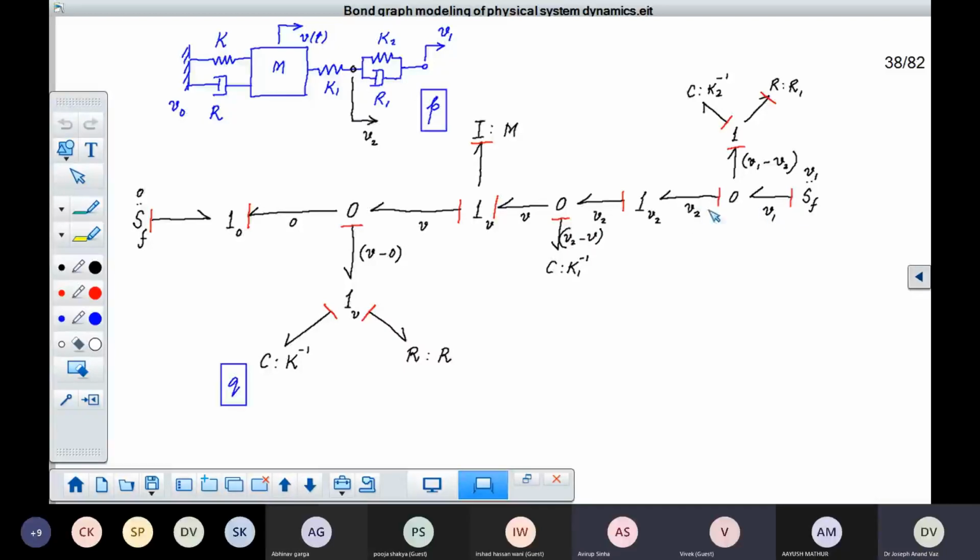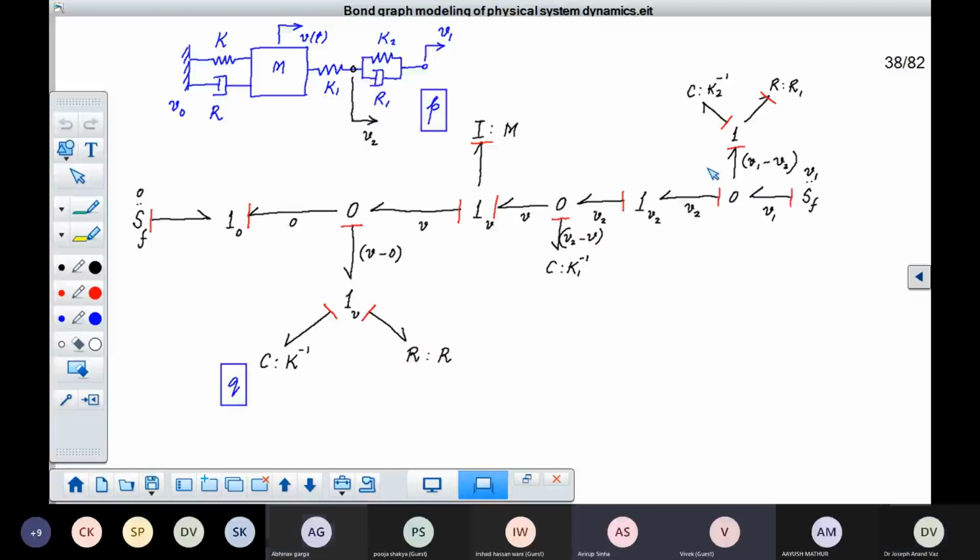Now you take the relative motion between these two. How do you take relative motion? You require a zero junction, a flow summing junction. So this flow is equal to this flow minus this flow. That is how this zero comes into the picture. But this flow is common to both of them. The flow across this spring-damper combination is the same, so it's made common through this one junction, and this C and R element are connected to it.